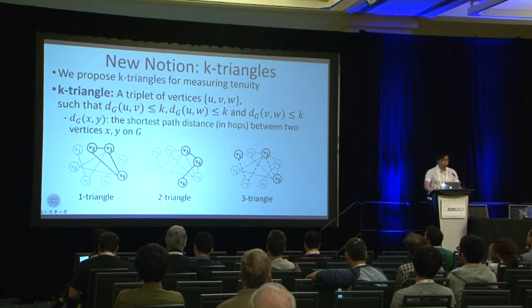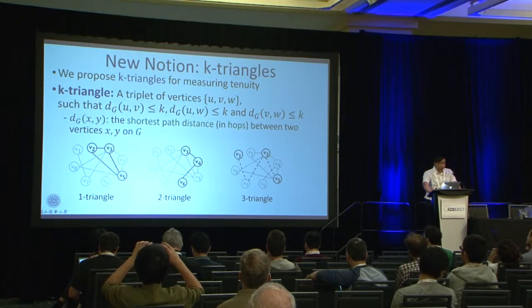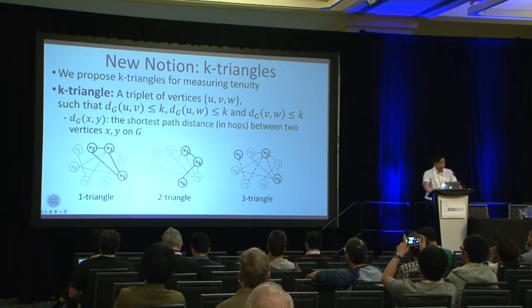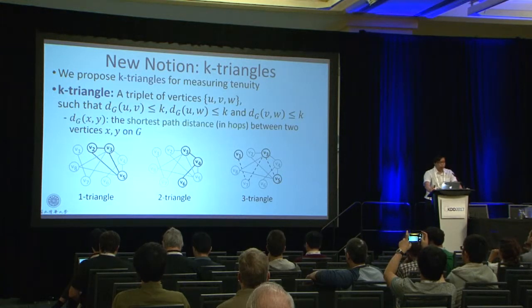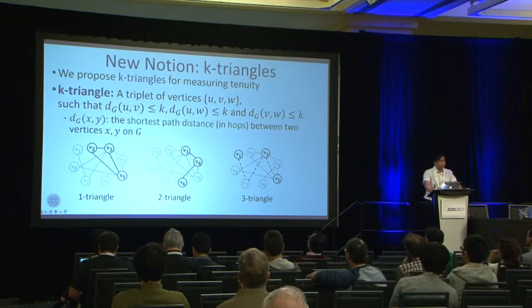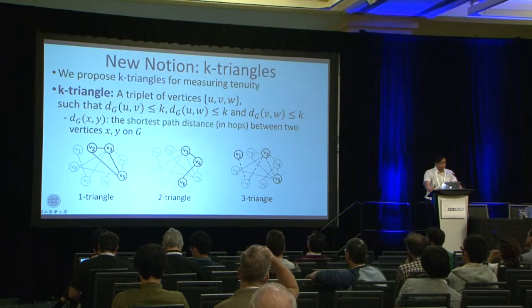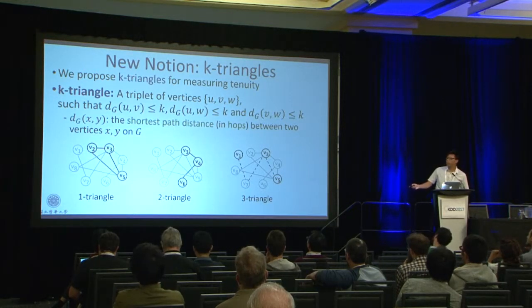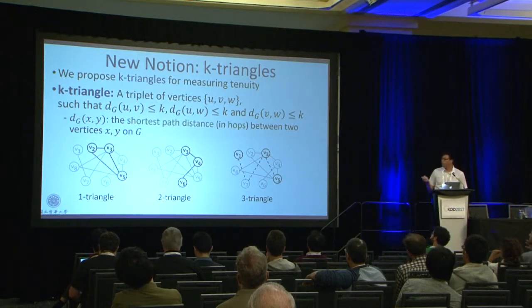Therefore, we propose a new notion called k-triangles for measuring tenuity. A k-triangle is a set of 3 vertices u, v, w such that the shortest path distance measured in hops between any 2 of the vertices does not exceed k. So here are some examples. For this one, this is a 1-triangle, V2, V3, V5, and this is the conventional triangle.